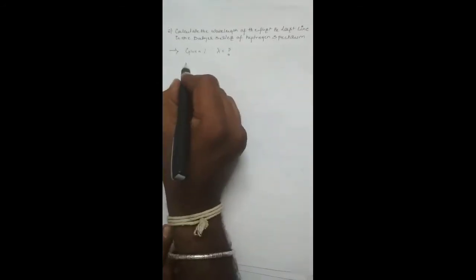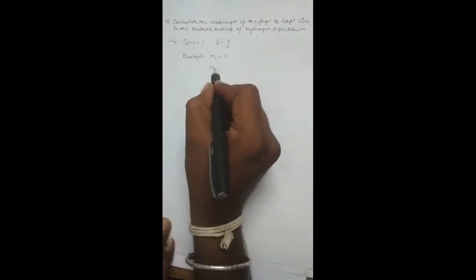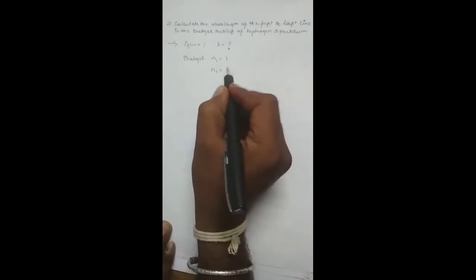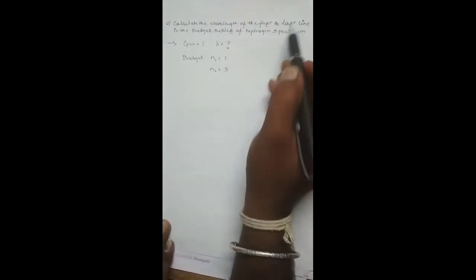We know if you talk about Balmer, in Balmer the stationary or initial n1 is equals to 2, n2 is equals to 3, but they are telling that first and last line. First line is n1 is equals to 2 only, n2 is 3, and for the last line n2 is nothing but infinity.